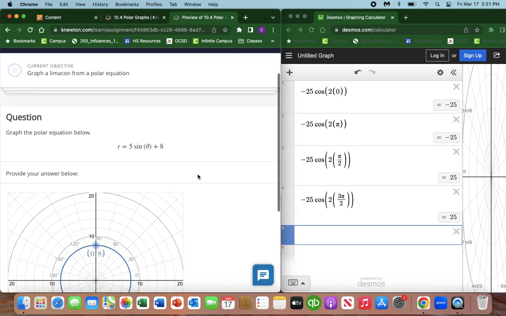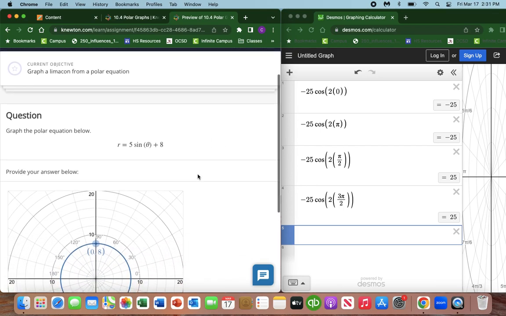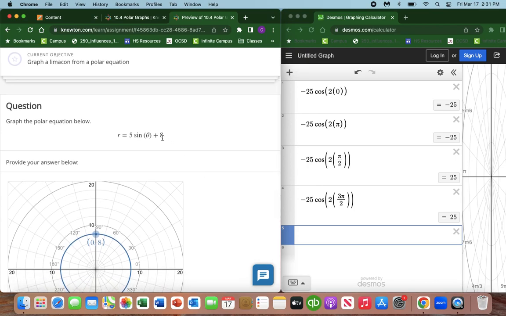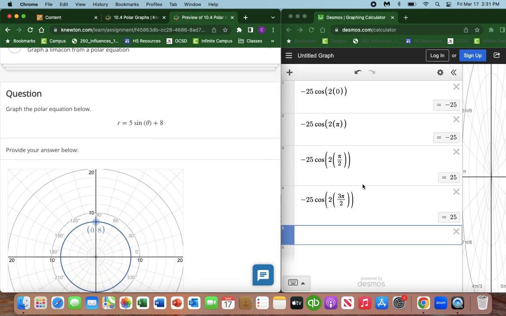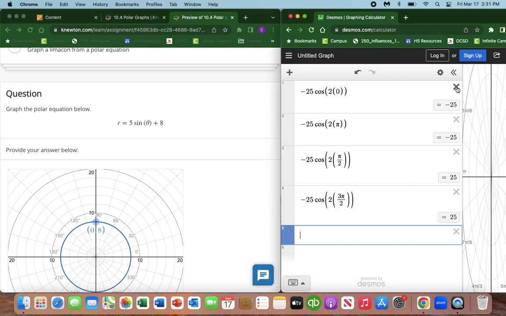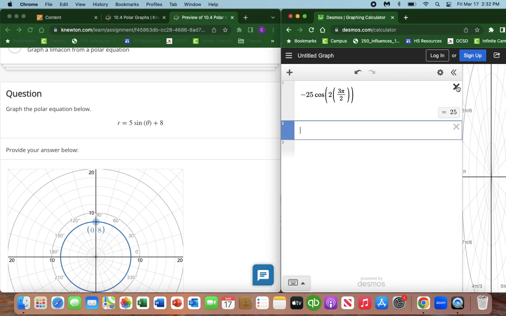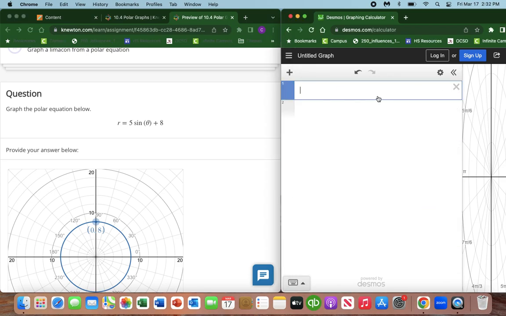Now we're going to graph a limacon from a polar equation. So they give us 5 sine theta plus 8. We can go ahead and type in 5 sine, and I'm going to start with 0 plus 8.